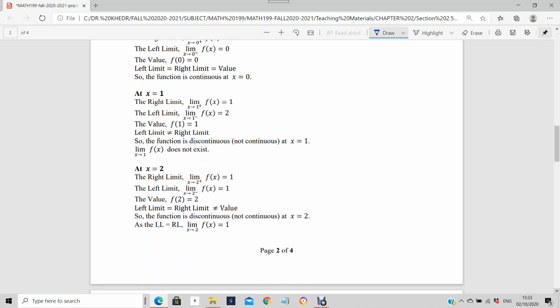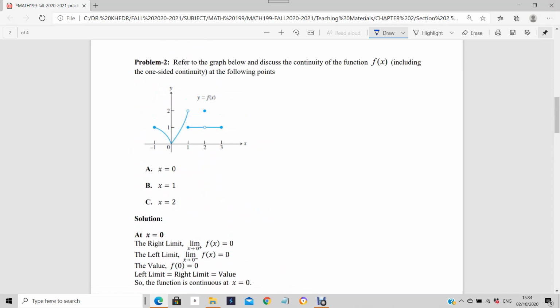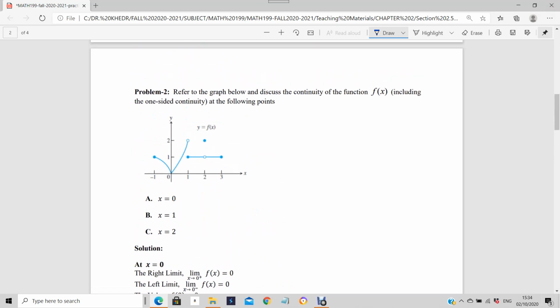Now at x equals 2, the third point, the limit is equivalent to 1 because the left side limit is 1 and the right side limit is 1. So the limit of the function as x goes to 2 is 1.